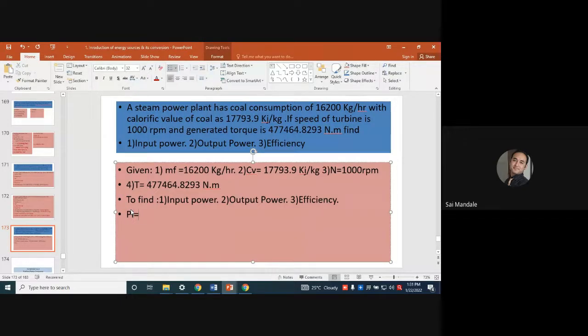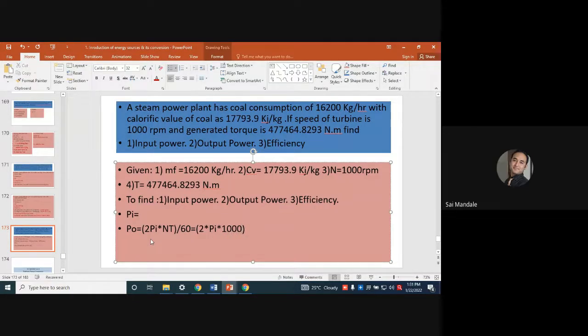So what about power output? Power output is not given to us, but torque is given to us. So how to calculate power output? The formula to calculate the power output is P is equal to 2 pi N T upon 60. So 2 is numerical, pi is 3.14, or I can put pi directly. N is given to us, that is 1000.